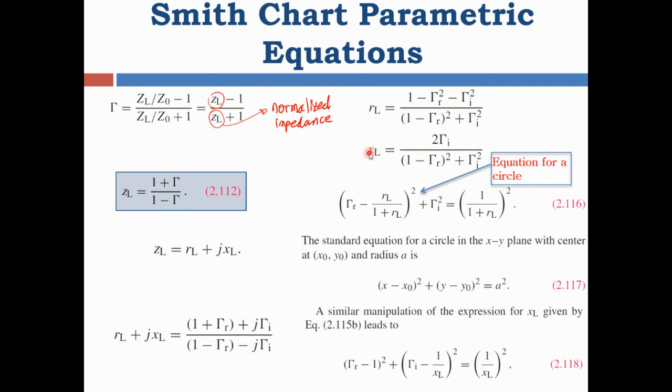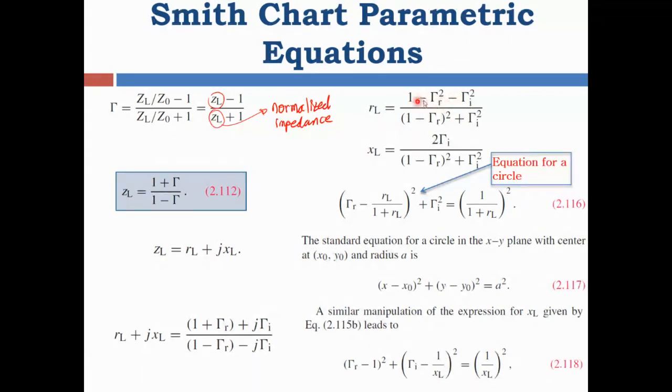If you manipulate this equation here, because like this, it doesn't show how the real part of the impedance is related to gamma. You see how it is 1 minus the real part, and so on, but it doesn't really give you a shape, like R sub L is related to gamma in what form.